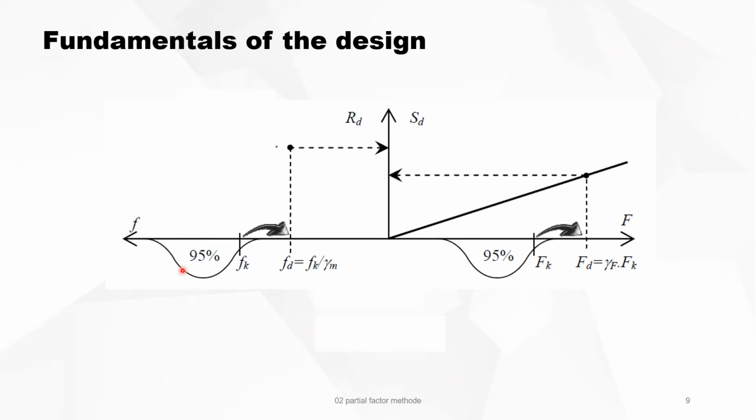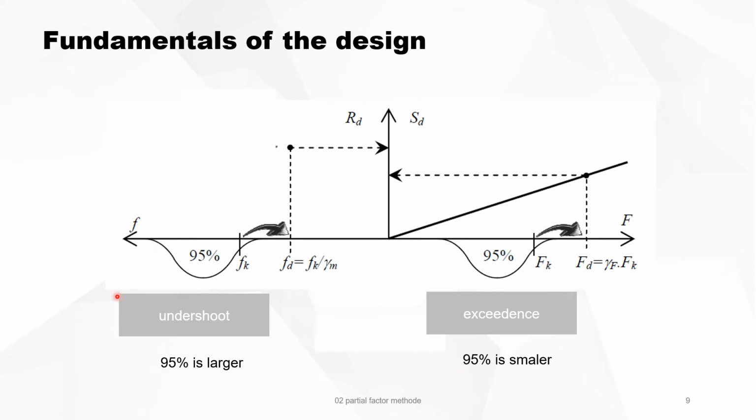It is the same thing for the resistance of the structure: you will have a 95% lower limit, and then you divide by a material factor and you compare those two. So exceedance means 95% is smaller than all the other data, and on the other hand we have the undershoot, which means 95% is larger.